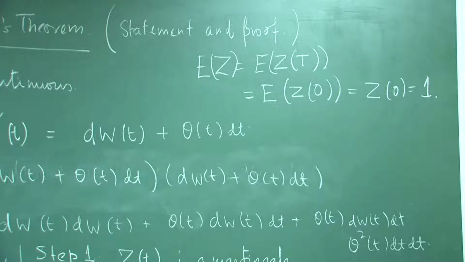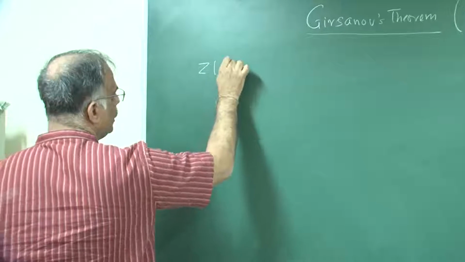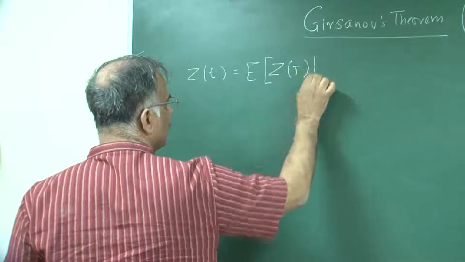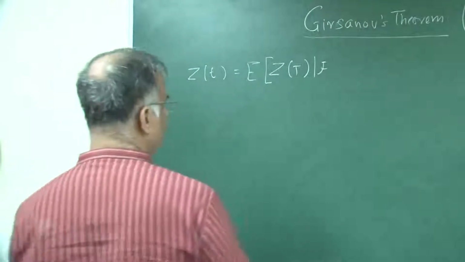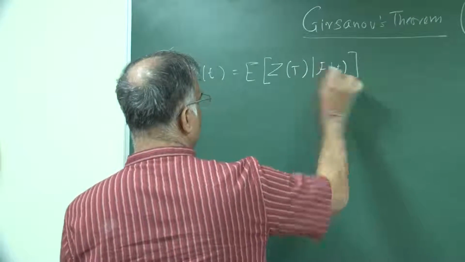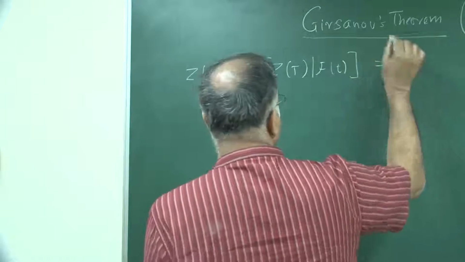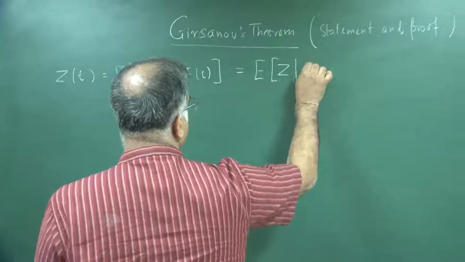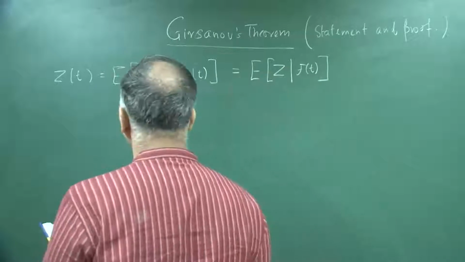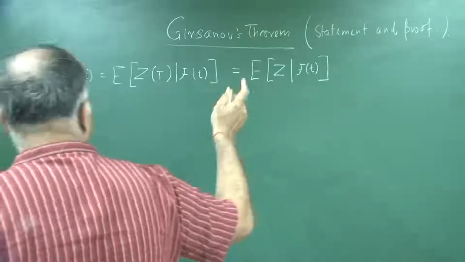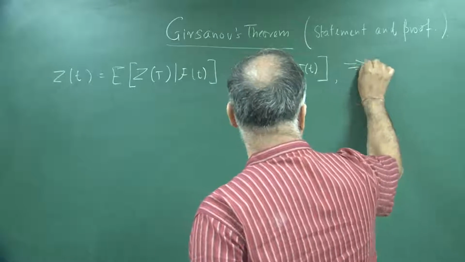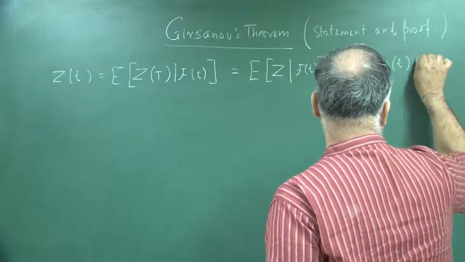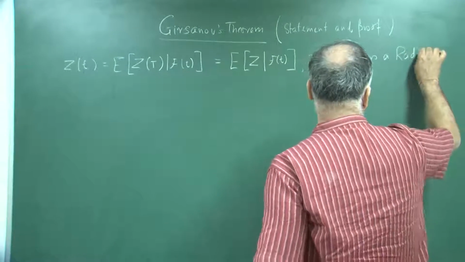Now, since zt is a martingale, we can write z of t is the conditional expectation of z of capital T given F of small t. T is the largest time. This is because we have defined zt such that the expectation of z is 1. So, what does it mean? That zt is a Radon-Nikodym process. So, this implies that we can now apply lemma A and lemma B. Zt is a Radon-Nikodym process.